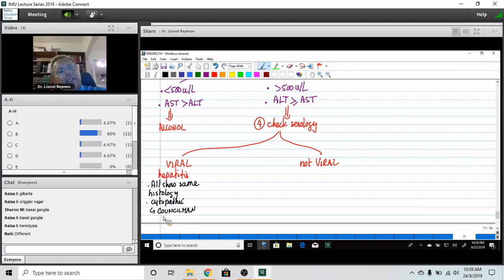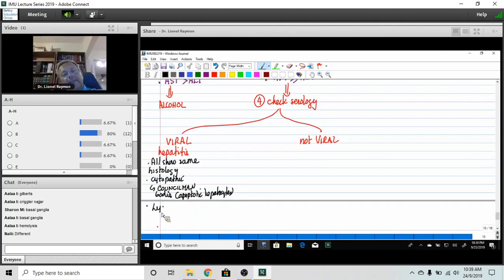So apoptotic hepatocytes. And because they're viruses, you're going to tend to find lymphocytes in the portal tracts. So in zone 1, and generally some hepatocyte regeneration.